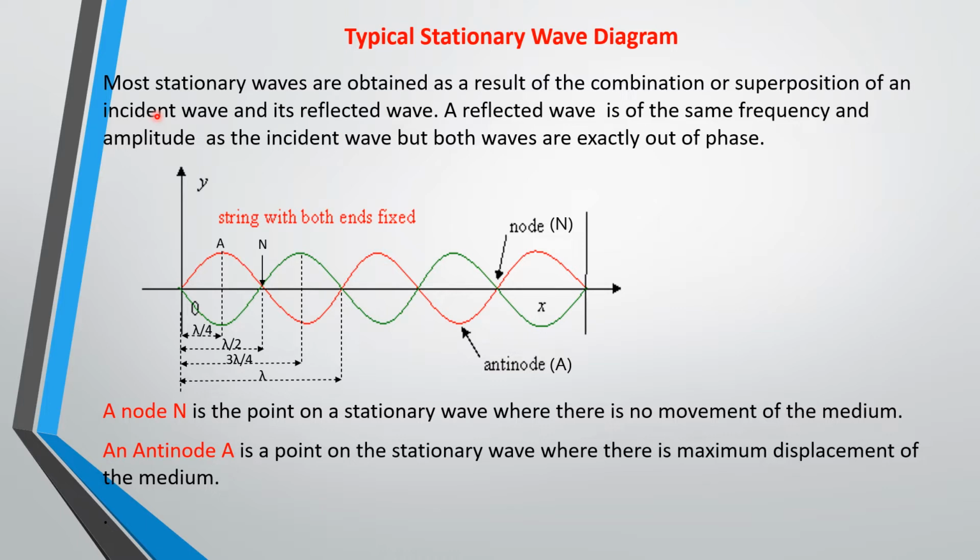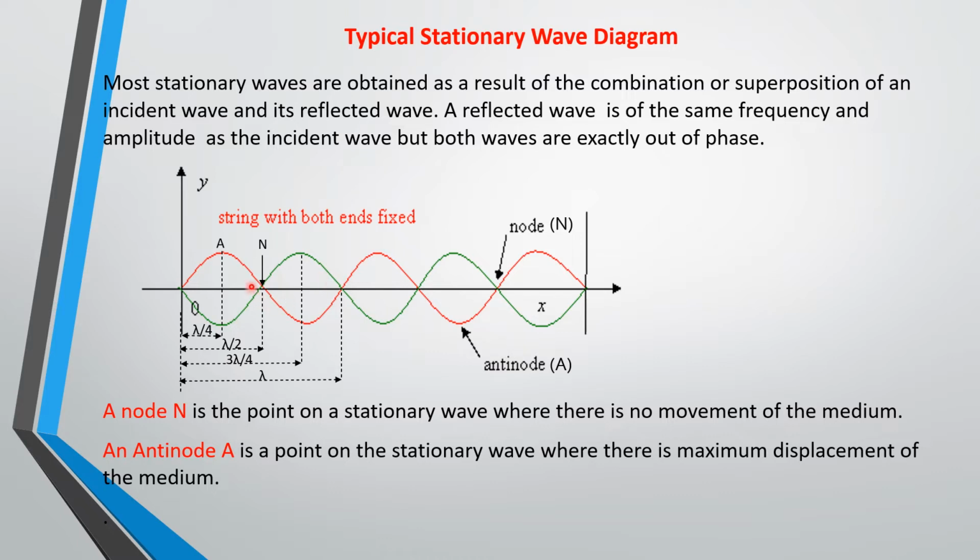Most stationary waves are obtained as a result of the combination or superposition of an incident wave and its reflected wave. The reflected and the incident wave are of the same frequency and amplitude, but they are traveling at different phase.